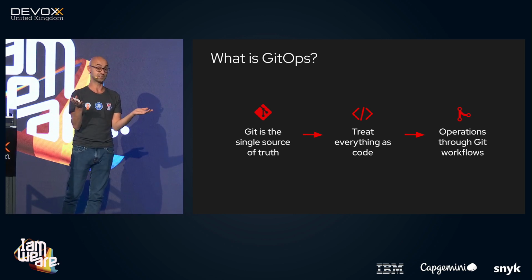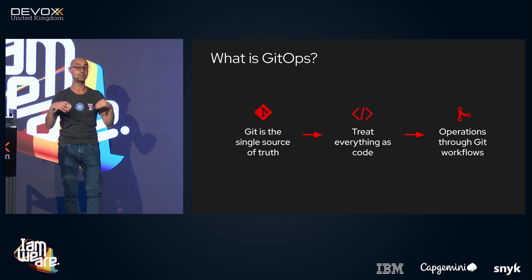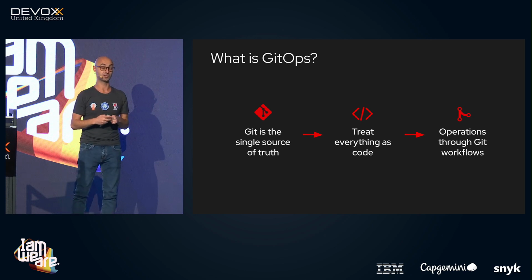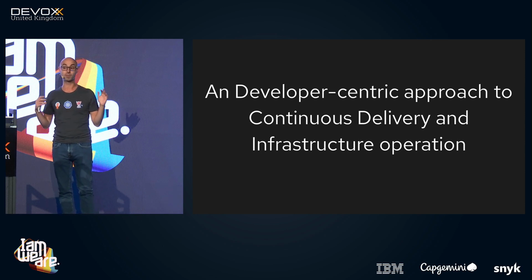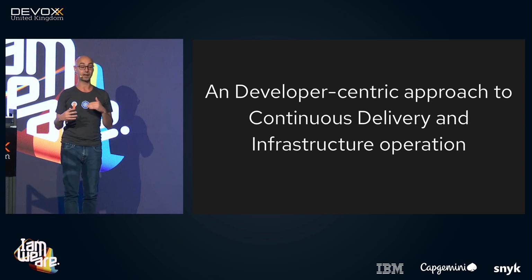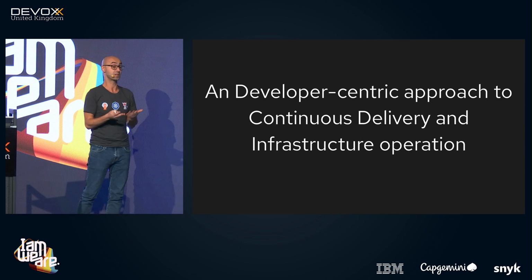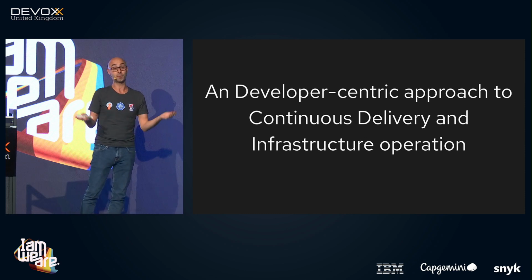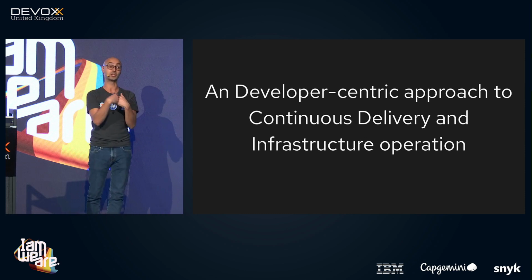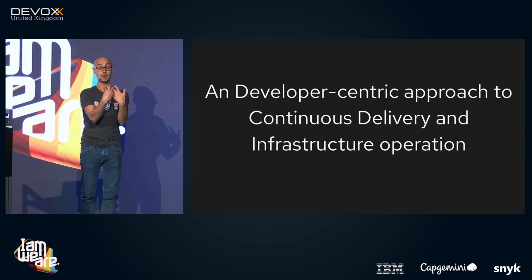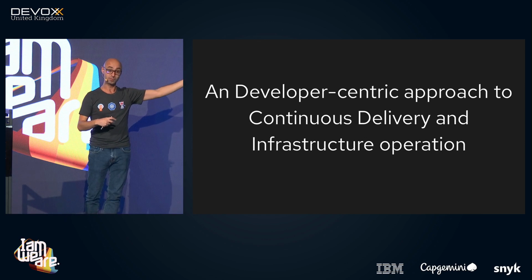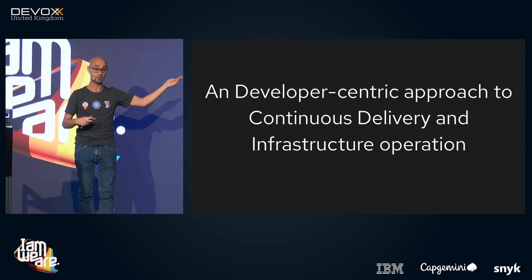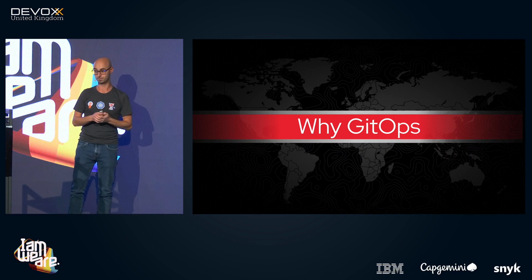I can do pull requests for an update of my database version. So you can see that in the end, GitOps is a developer-centric approach to continuous delivery and infrastructure operations, because we are just taking the developer approach of putting everything in Git and expanding it to our way of delivering software and updating our infrastructure.